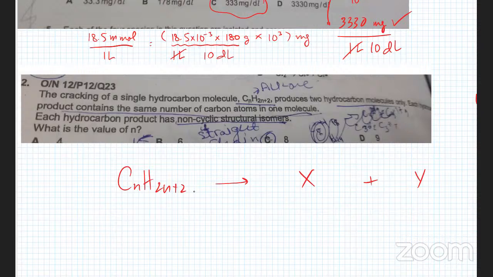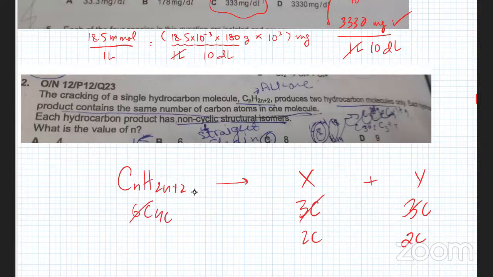Even, because if you have 3 carbon atoms over here and 3 carbon atoms over here, this one will have 6 carbon atoms. You can't have odd numbers. So it's either going to be 6, or 4: you might have 2 carbon atoms in this one, 2 carbon atoms in the other one. So whatever happens, the original molecule can only divide into 2 equal parts if it's even. That's the first thing. So it's got to be even.